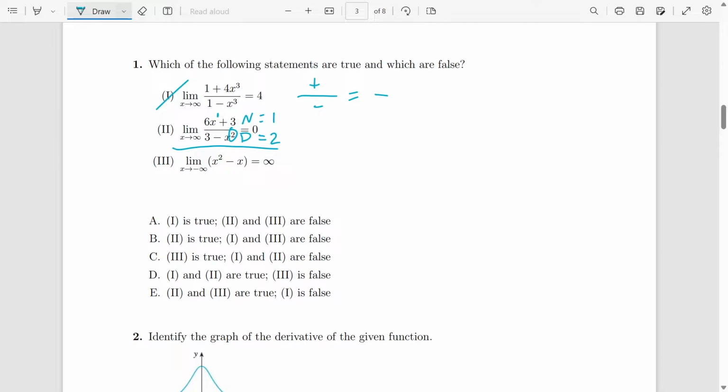Always. Because x squared grows faster than x. If you're a computer science major, this is kind of like big O notation. You can kind of think of that when you're doing those. So since the numerator's order is less than the denominator, it equals 0, which it wanted. So this one is true.